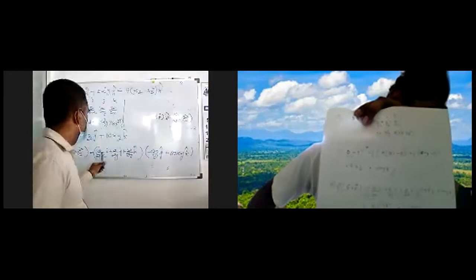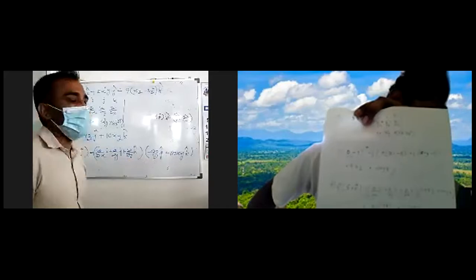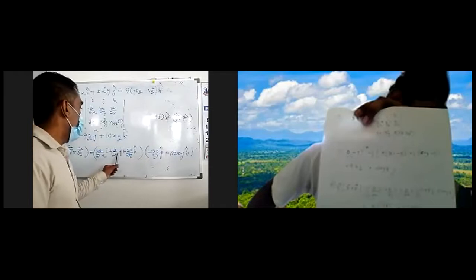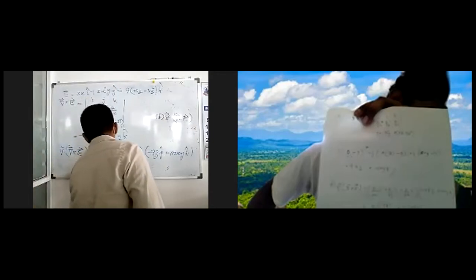So the i to j dot product is 0, and the j to j product remains: del by del y of minus 9z. The k to k product also remains: del by del z of 10xy.